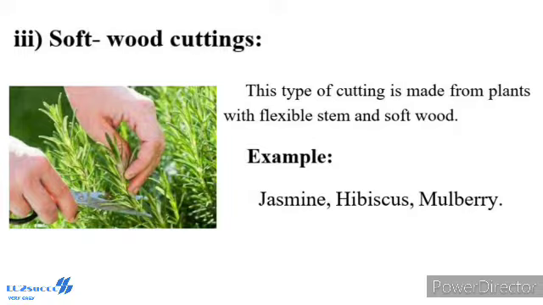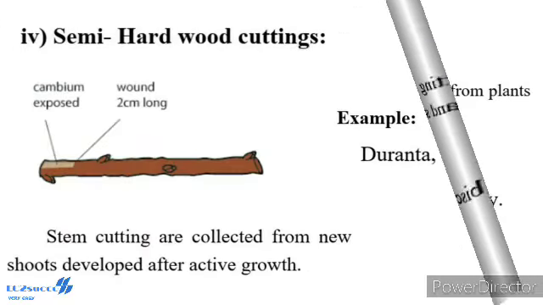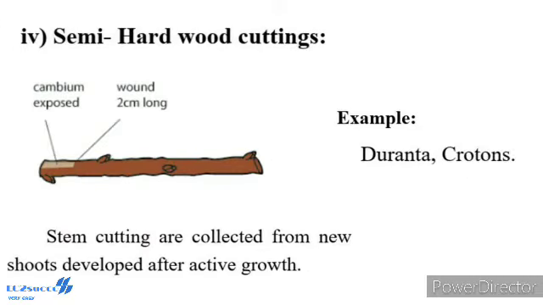Stem cuttings are planted with or without leaves. Fourth one, semi-hardwood cutting. In this type, stem cuttings are collected from new shoots developed after active growth. Examples: Duranta, crotons, etc. The leaves are retained on the top side of the cutting.